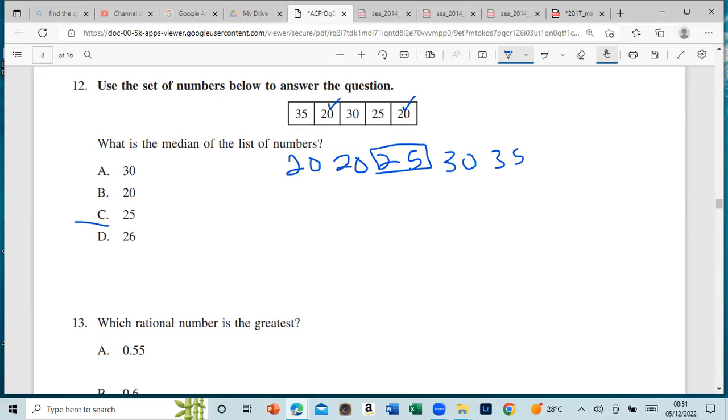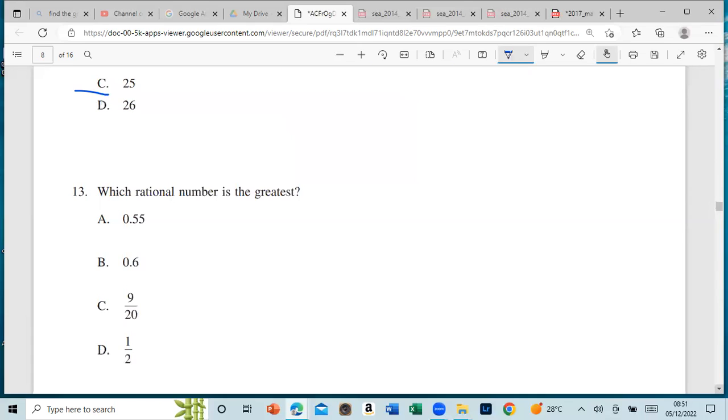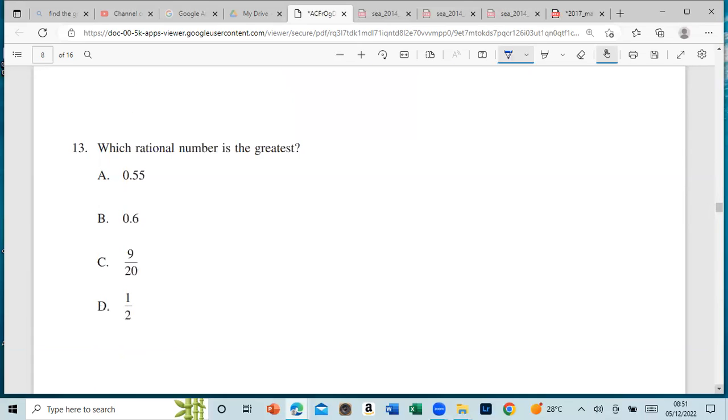Alright, so this says now, which rational number is the greatest? It could be 0.6. You can put everything in a decimal, 9/20.